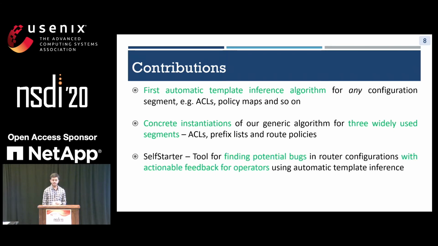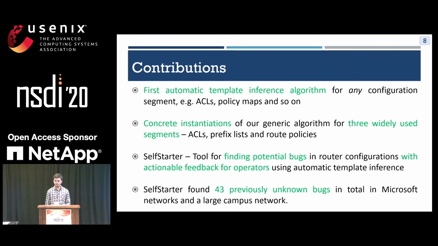We build our tool SelfStarter to find potential bugs in router configurations, which also provides actionable feedback to the operators using the above algorithm. We evaluated SelfStarter on three real-life large-scale networks, namely Microsoft Data Center, Microsoft Wide Area Network, and a large campus network, and found 43 previously unknown bugs.